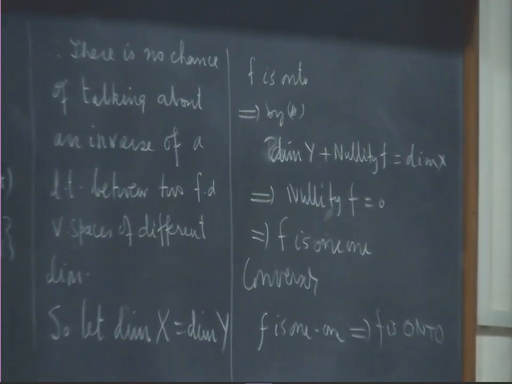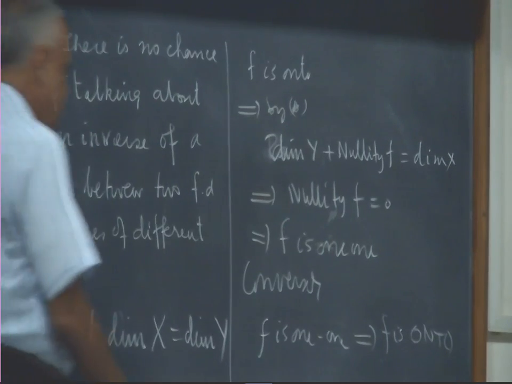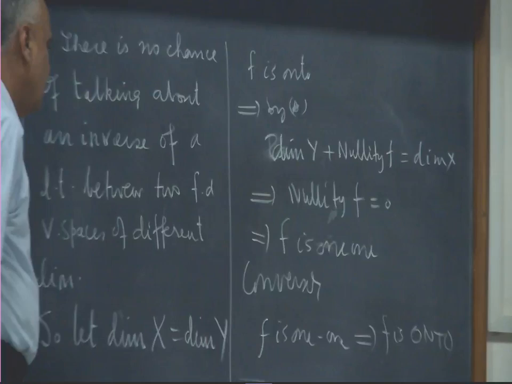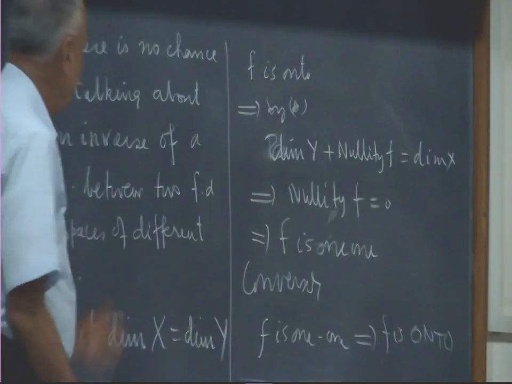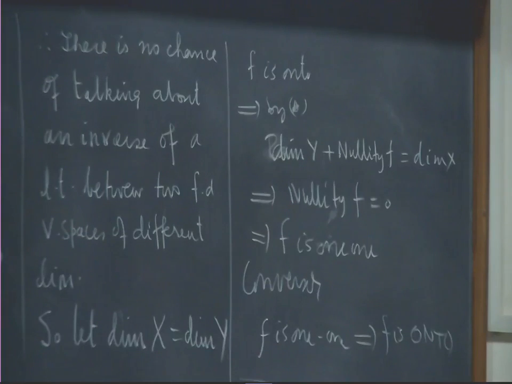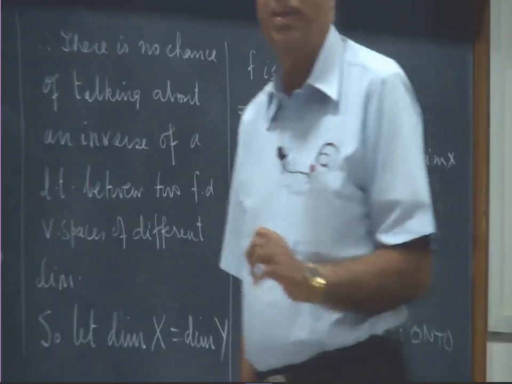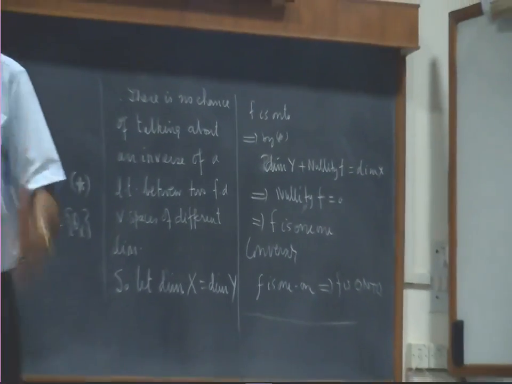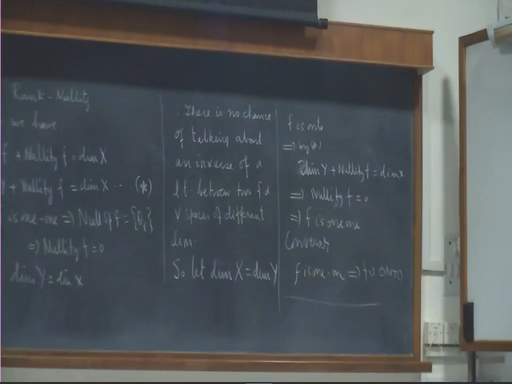The dimension of the range is equal to the dimension of y, therefore it is onto. So F is 1-1. Therefore, if we have a linear transformation between two finite dimensional vector spaces of the same dimension, then 1-1 and onto are synonymous. One implies the other.